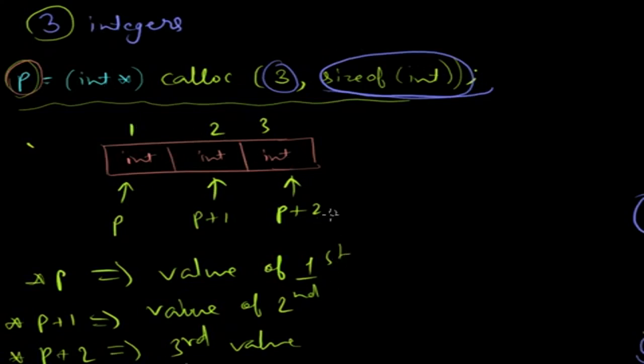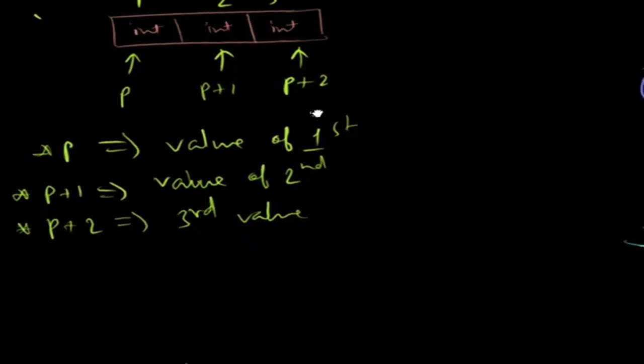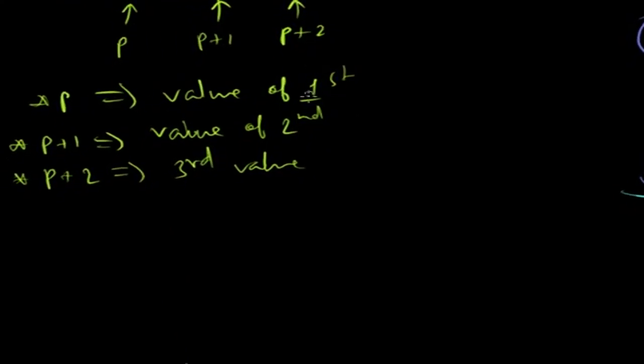Let us look at the function free. We are just remaining one function, free. Now you have allocated these memories and p points to the first block. If you want to free this memory, use the free function.